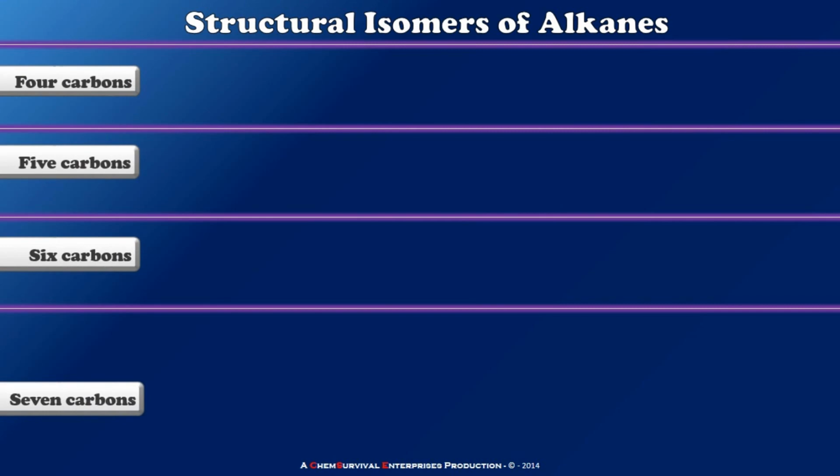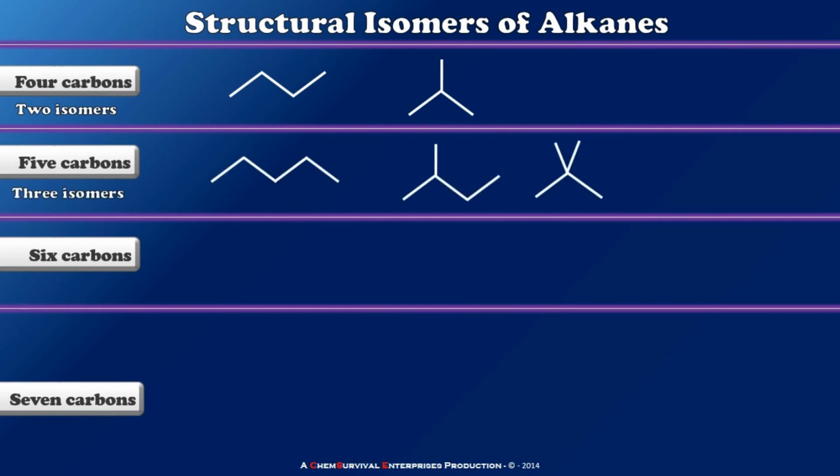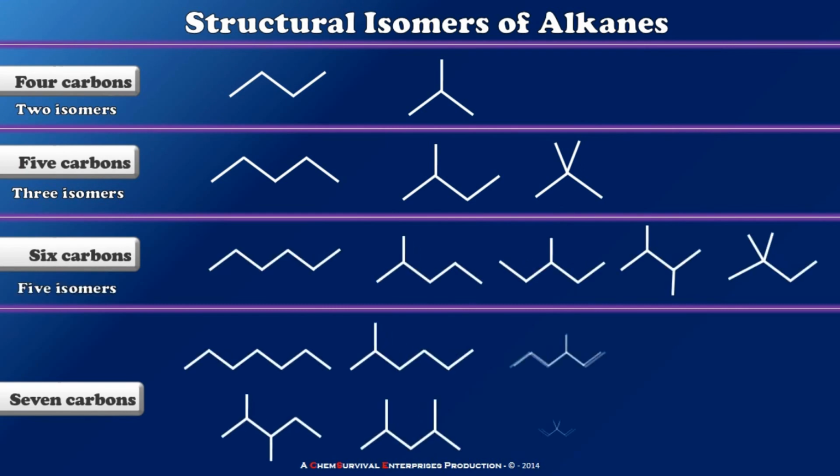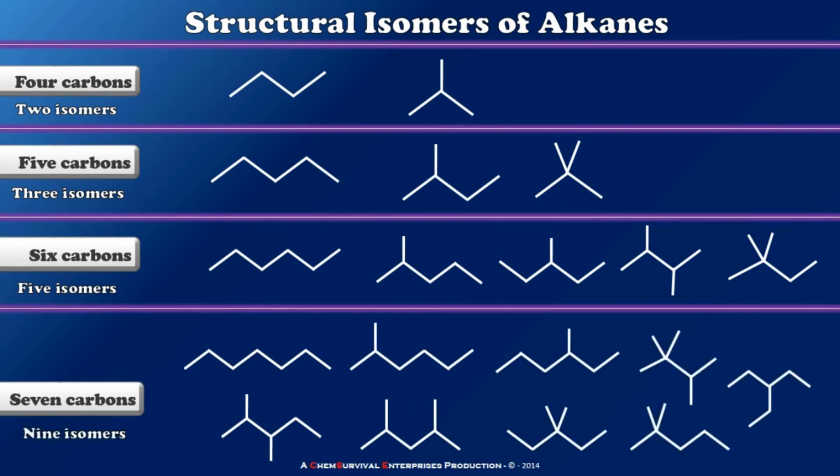So let's take the example of hydrocarbons consisting of 4, 5, 6, and 7 carbons and see how many different ways we can connect those carbon atoms in branched patterns. 4 carbons gives us 2 potential isomers, whereas 5 carbons can be connected in 3 different ways. 6 carbons gives us 5 possibilities, and 7 carbons gives us even more, a total of 9 different potential geometries.